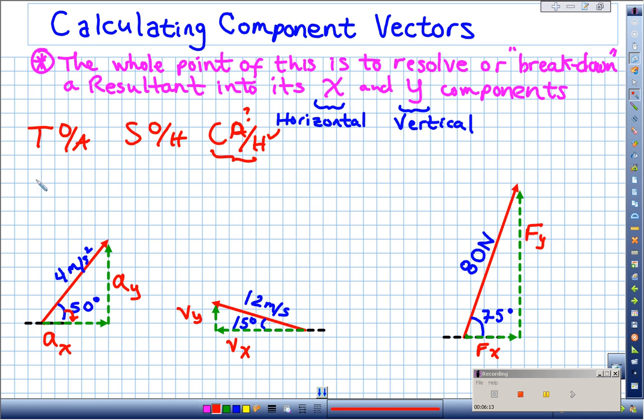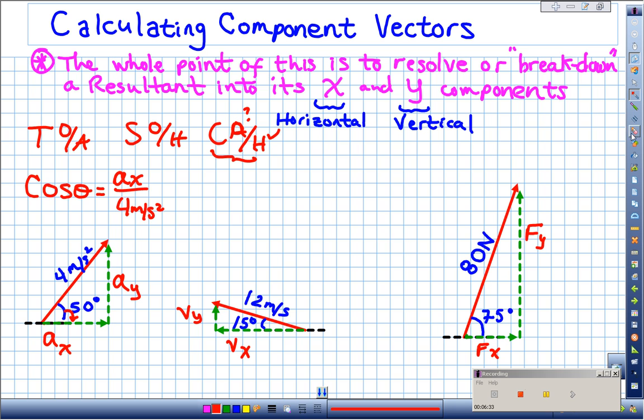So I use that, and it says the cosine of the angle is equal to the adjacent side, the guy that I'm looking for, in this case my acceleration in the x, divided by my resultant component, which in this case is 4 meters per second squared.